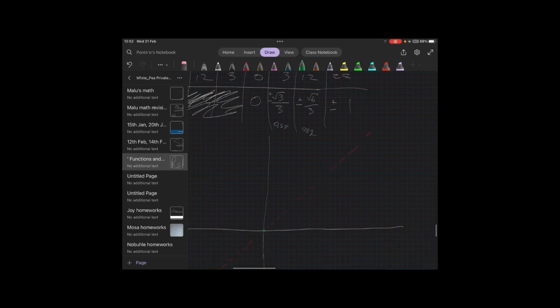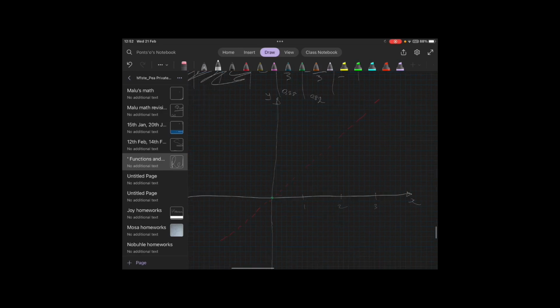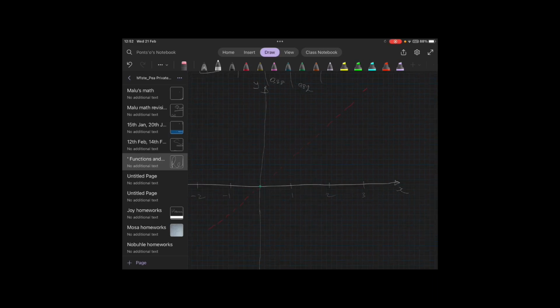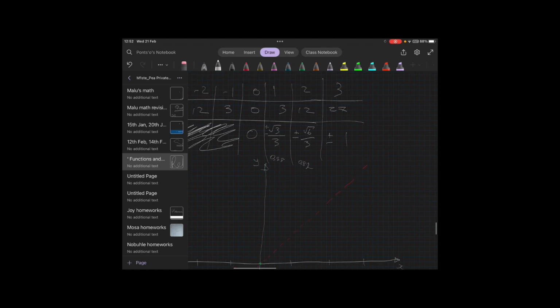Our first graph: at x is 0, we have 0. At x is, let's say, 1, 2, 3, and negative 1, negative 2, negative 3.